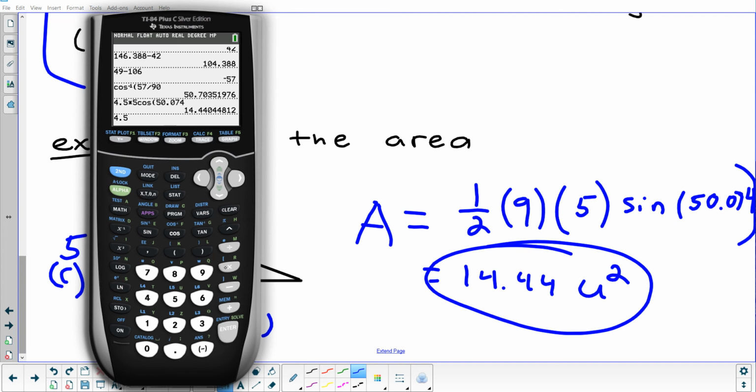4.5 times 5 times the sine of 50.074. It's actually not going to change the answer that much, because if this angle was a 45, the sine of 45 and the cosine of 45 are the same. 50 is a little bit different.